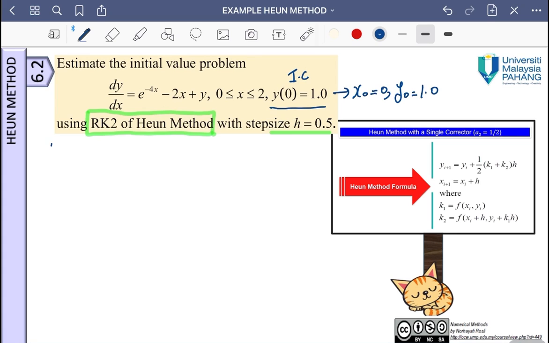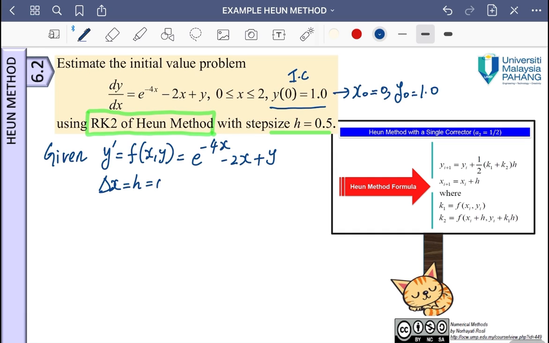You are given y prime, which is our f(x,y), equal to exponent negative 4x minus 2x plus y. Since x is between 0 and 2, and we also have the step size delta x equal to h equal to 0.5.